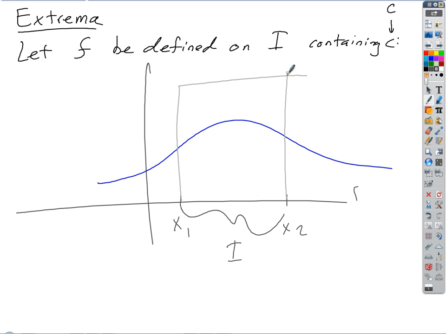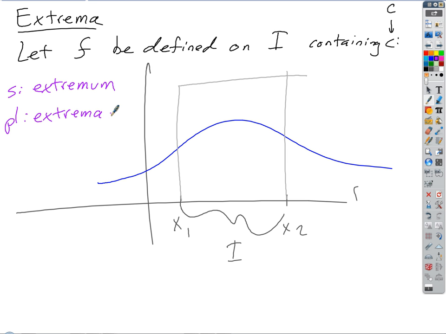Here are our vocabulary words. Extremum, so this is singular. The plural would be extrema. What is an extremum? It could be the highest point. It could also be the lowest point.